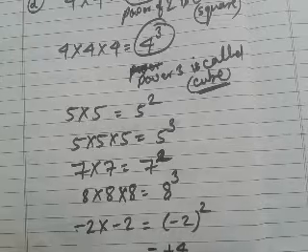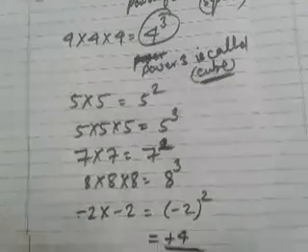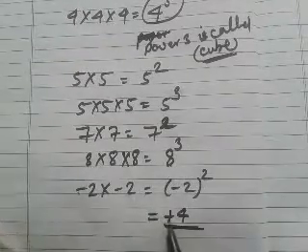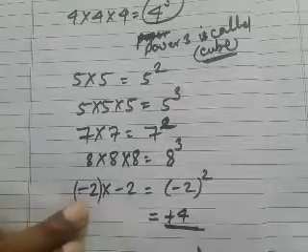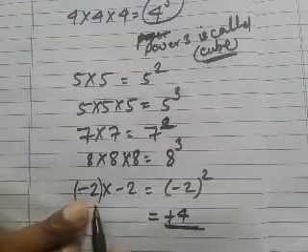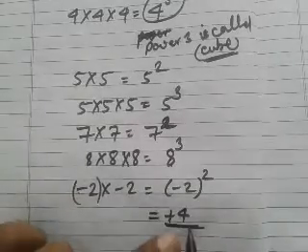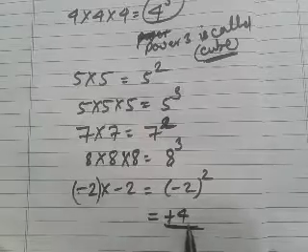So here we get the result +4. We get a result +4, but the original number is a negative number. A negative number results in a positive number. How is that possible?